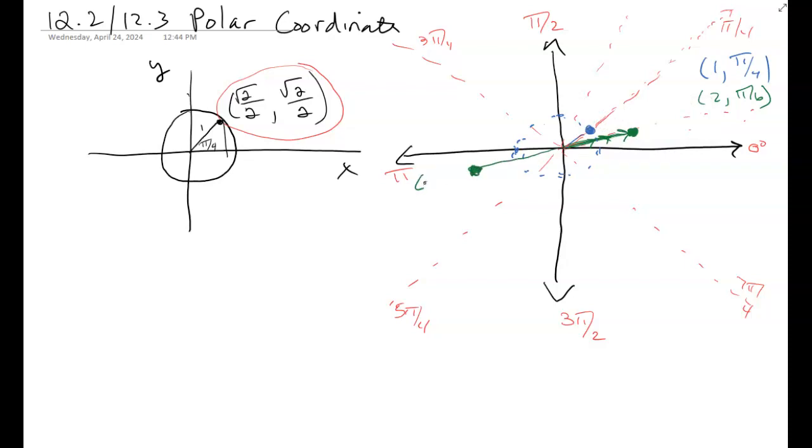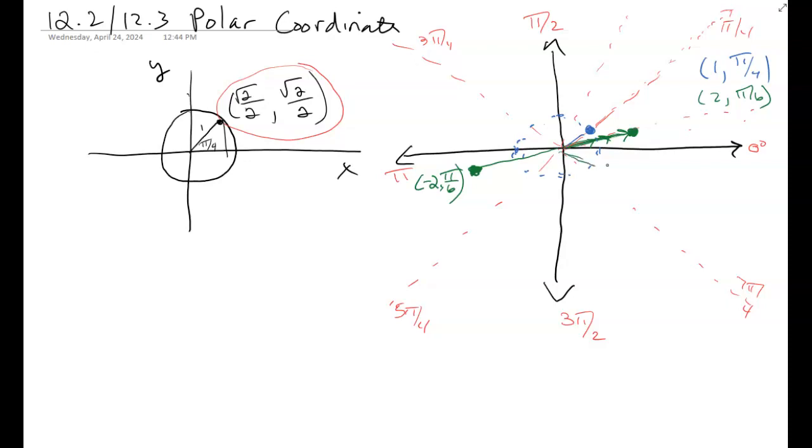So here we would have the point negative 2, pi over 6. Okay? Now, let's go back to a positive 2, but let's do negative pi over 6. That's going to change your angle, because your angles go in a counterclockwise direction, but if we do negative pi over 6, we have to go in our clockwise direction.